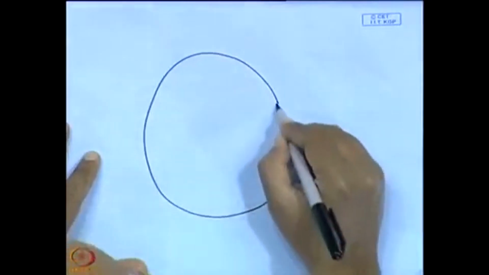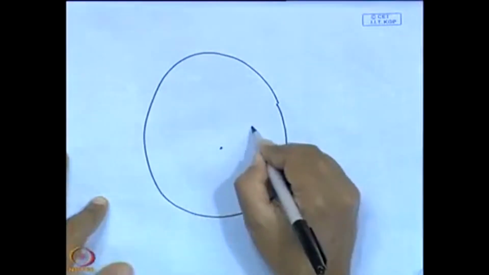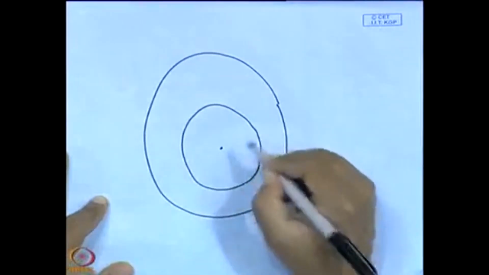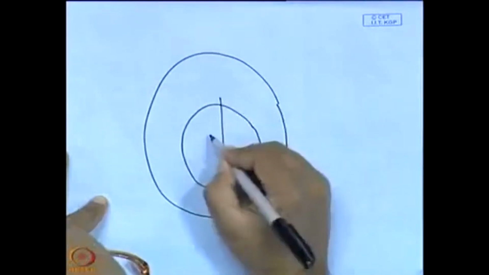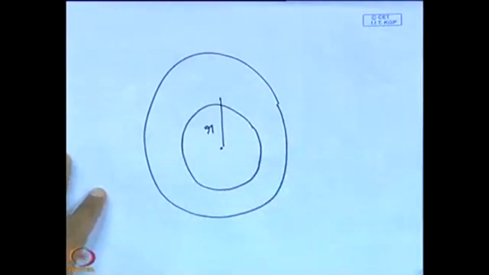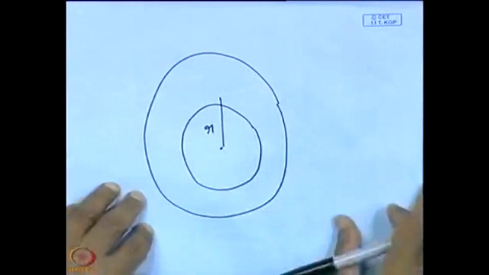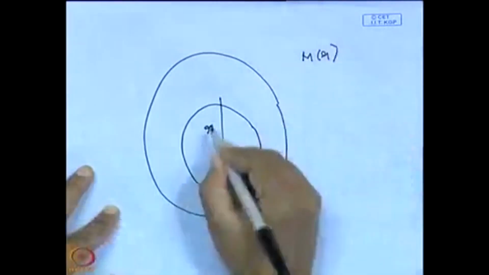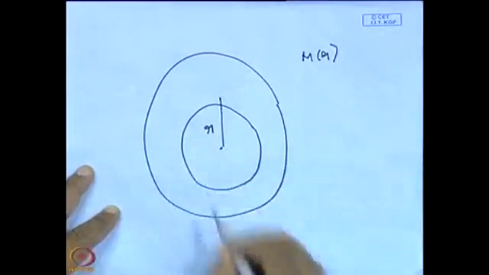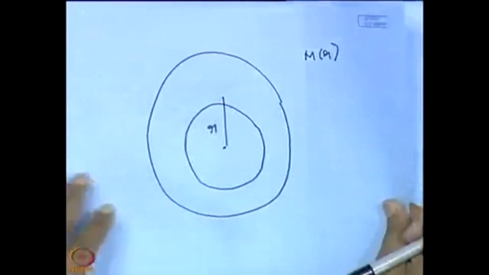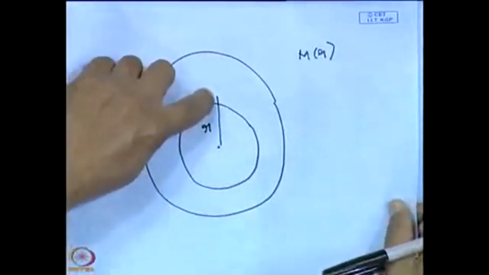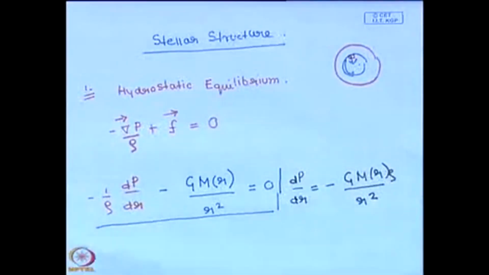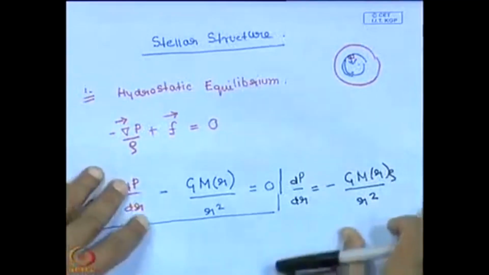This is my star, and we are looking at a distance r from the center, and m of r is the mass within this sphere. That is all that contributes to the gravitational acceleration over here, and this is the equation for hydrostatic equilibrium. Okay. So, that is the first equation.